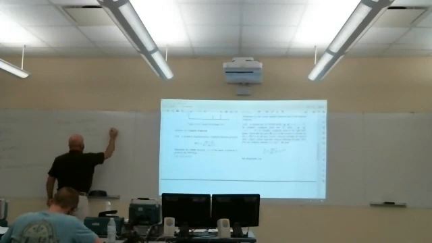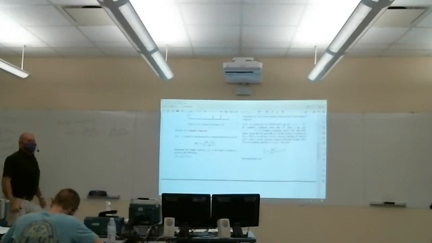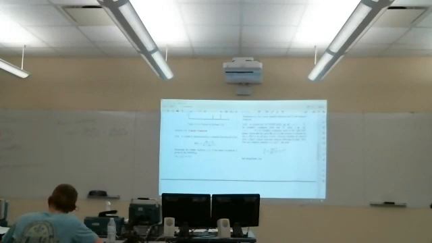I'm going to go ahead and factor that denominator just in preparation for the partial fraction expansion. And it has 2 distinct real roots.